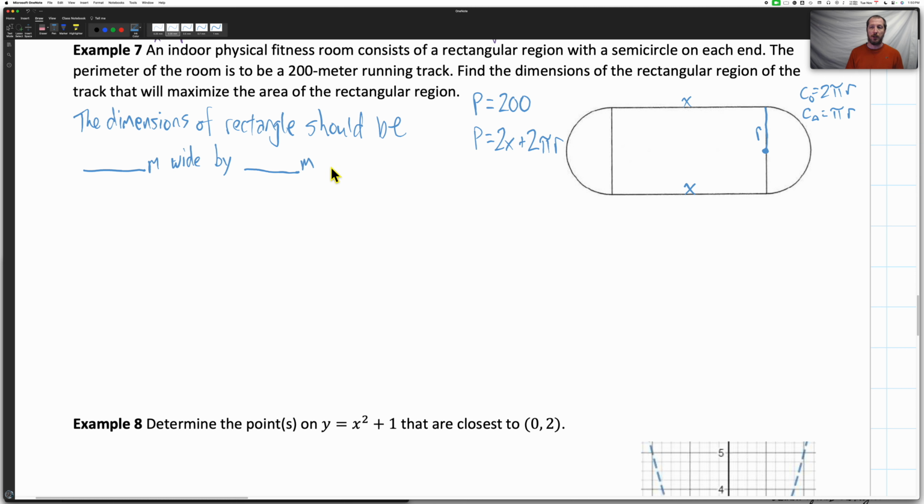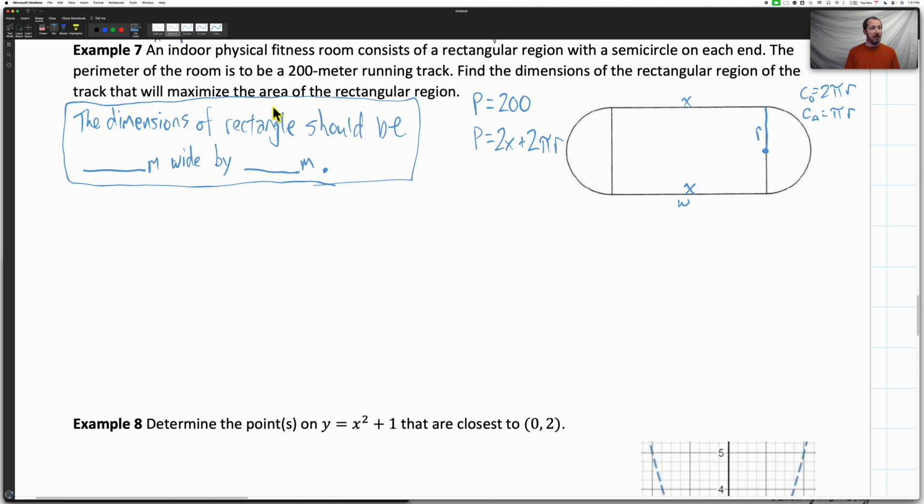Whatever, we don't have to put a word there. The width just tells us that this is our width here because they should be different. We'll see. So these dimensions are going to give us our maximum area of the rectangular region.